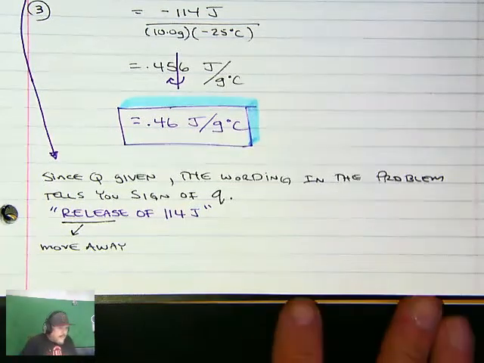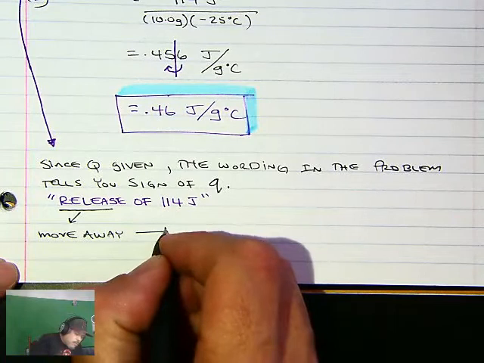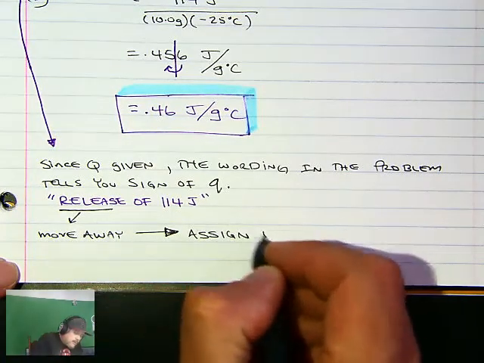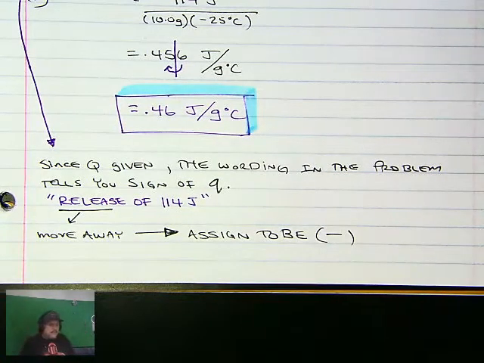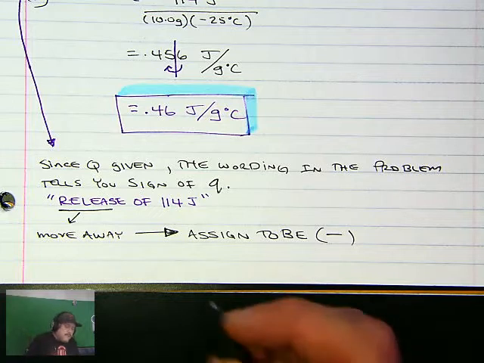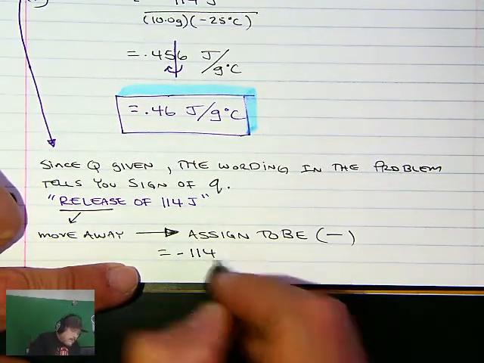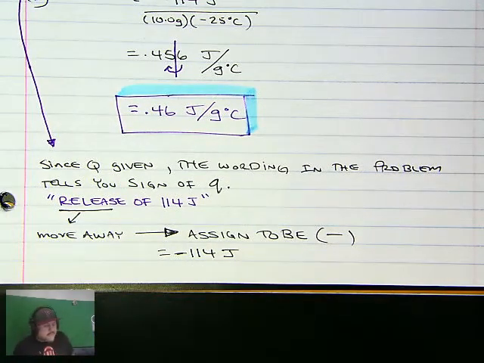An energy release means you're moving away, so therefore the sign is going to be negative, because when energy moves away, it's negative, and so you wrote it as negative 114 joules. That's why it's assigned as negative 114 joules.